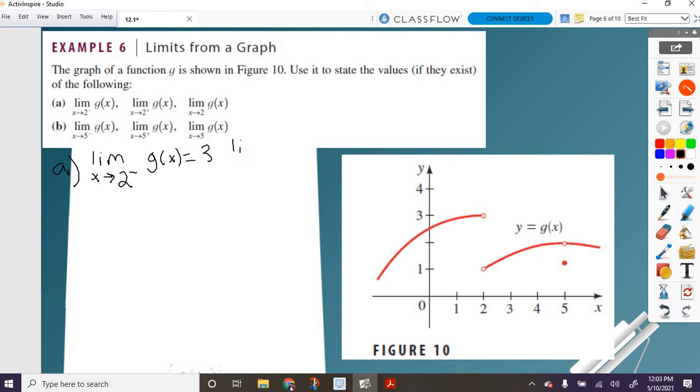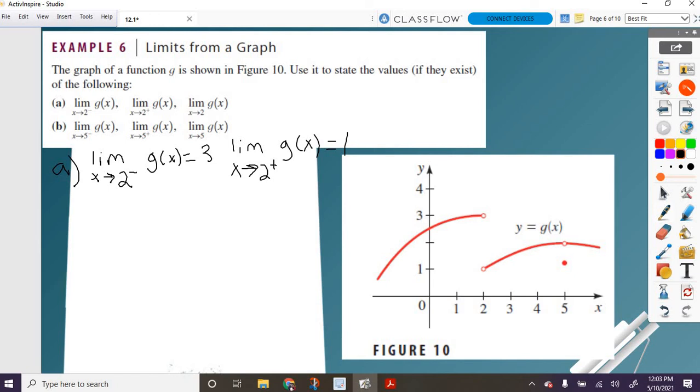Alright? But notice that if I did the same thing, but I approach it from the right-hand side, okay? So I'm using the right-hand graph this time, and I'm approaching it. What y value is this getting closer and closer to? 1. Are we all okay with that? Yes?